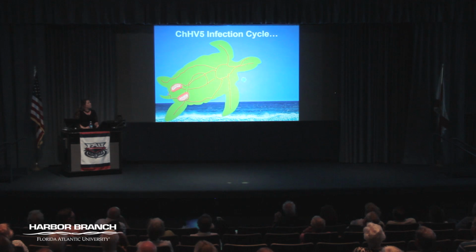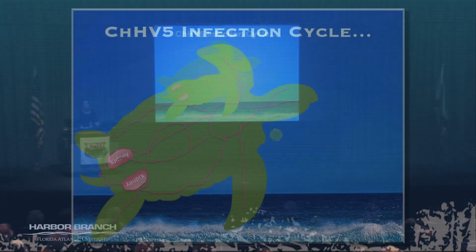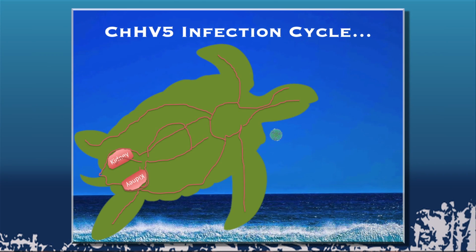So when we put all this information together, we can get a sense of this chelonid herpes virus infection cycle, whereby the virus, this is our little virus, enters the skin, enters the host. We're not sure of all the transmission routes at this point.